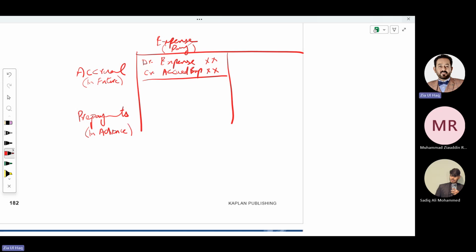For expense paid in advance, what we will call it is debit prepaid expense and credit expense. In case of accrual, this will be our liability. In case of prepayments, this will be our asset.